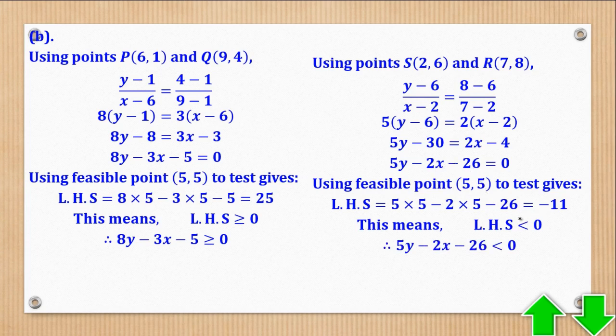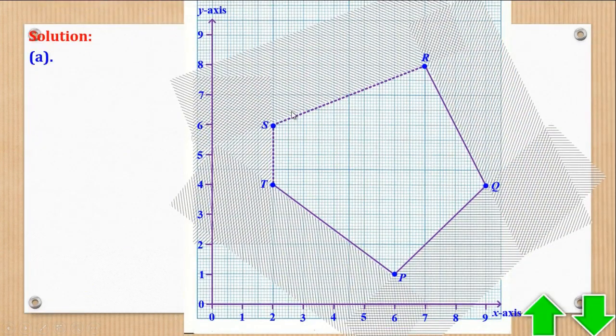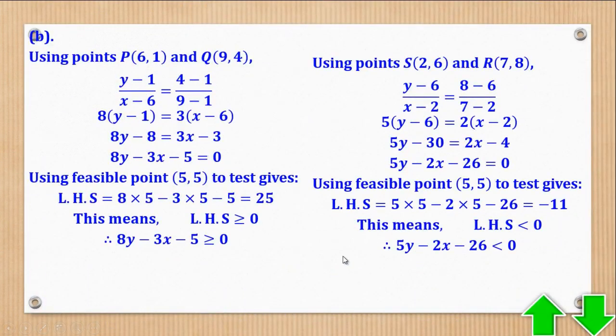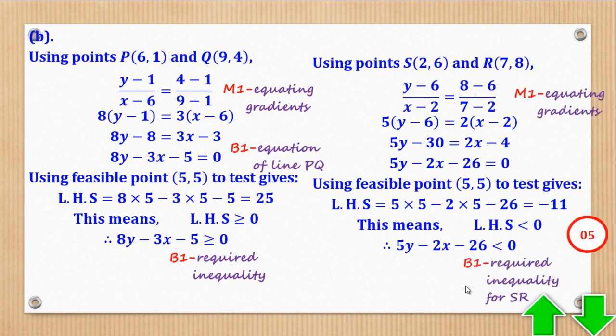Realize here I'm just using less than, not less than or equal to, because if you go to the graph, SR is dotted. So basically that's what they wanted in part B, and that's how you could get the 5 marks.